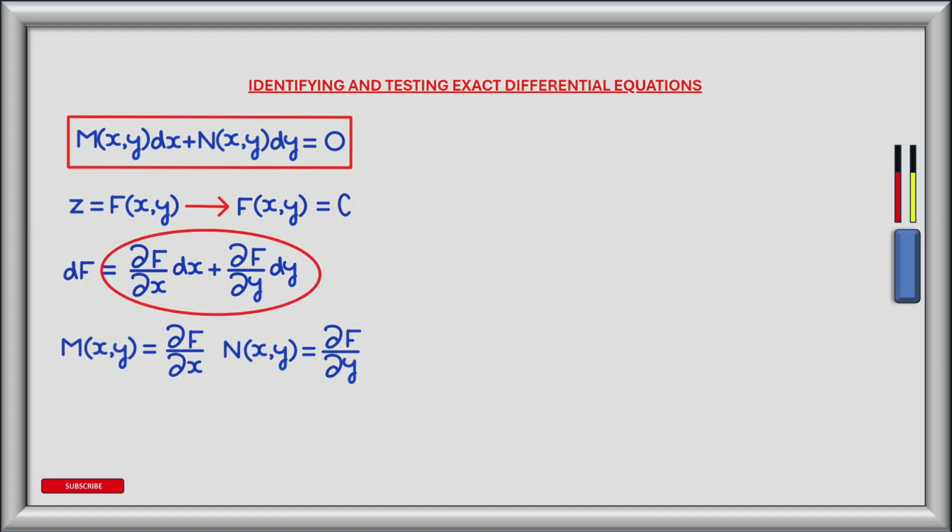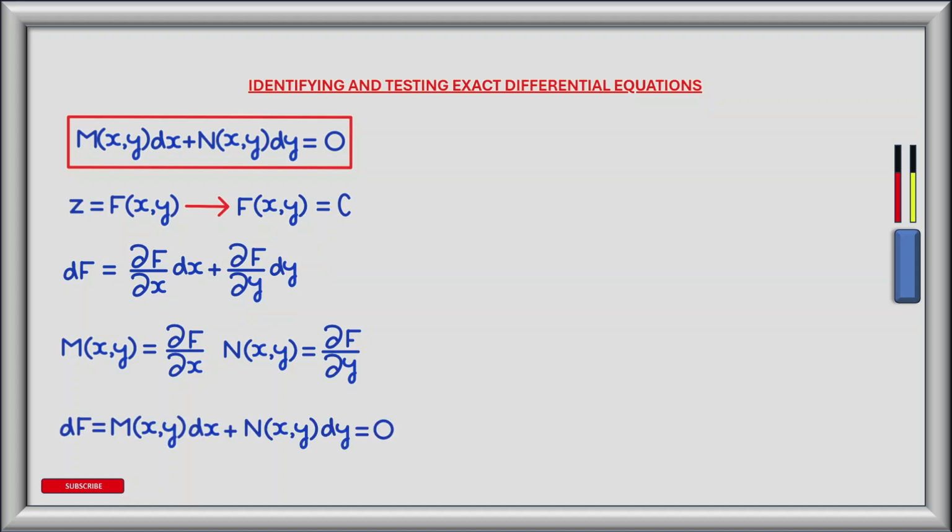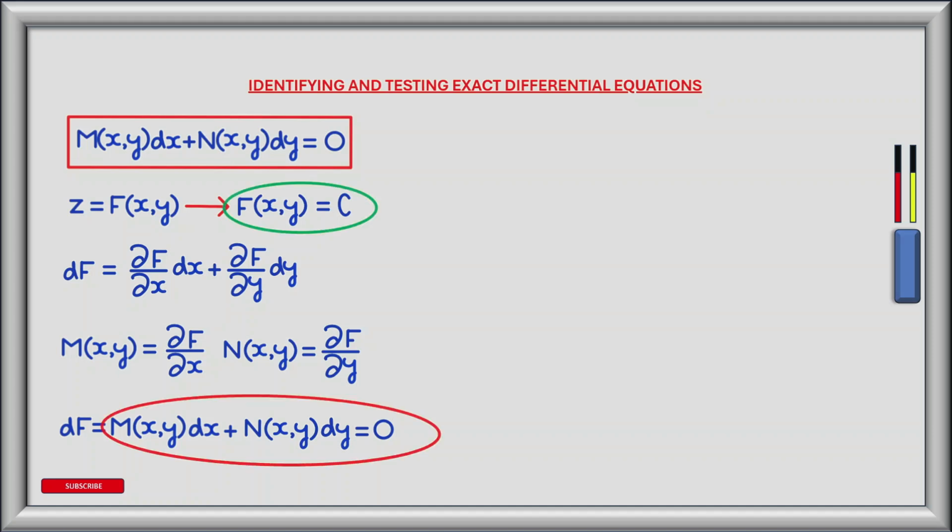If we substitute functions m and n into this equation here, we get that the total derivative, df, is equal to the function m multiplied by dx plus the function n multiplied by dy, and this is equal to 0, as f of xy is equal to a constant c, and the derivative of a constant is 0. In solving exact differential equations, we're going to start with the differential equation in this form and find a solution to it which is in this form.